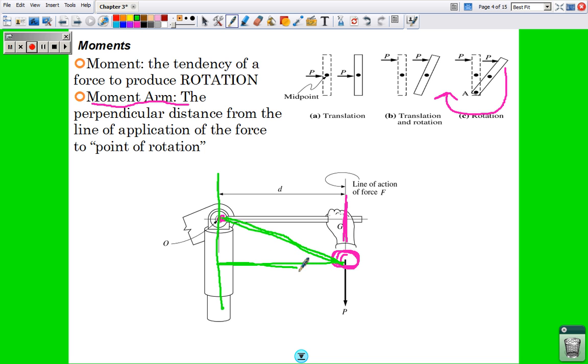Right? And so the distance would still be the same, D. We have to pretend how far do we have to move in just one direction, it could be X or Y, to get it in the line of action, all right?